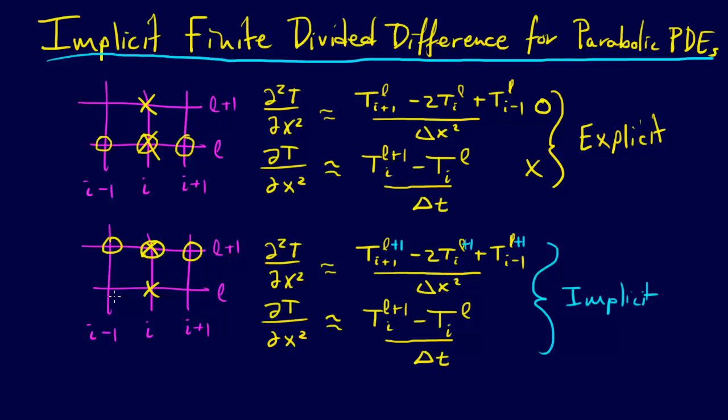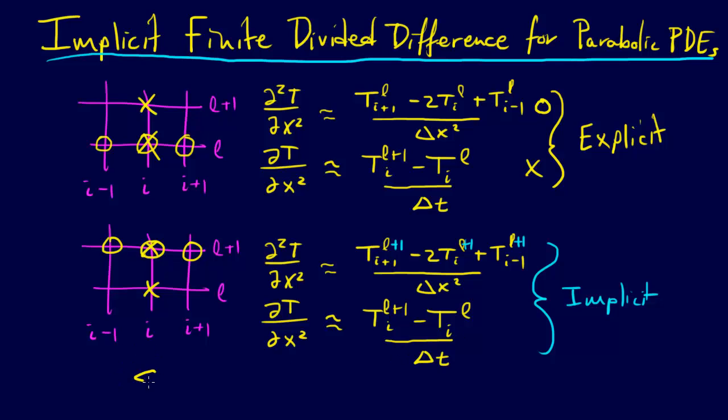Again, so this is the visualization. We're using the value at this point to compute the next point, and this only appears in the time equation, and in space we're using all of these points. And the advantage that offers us is that it's both stable and convergent.